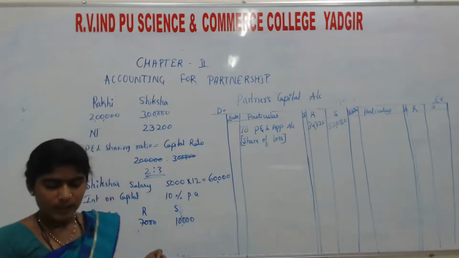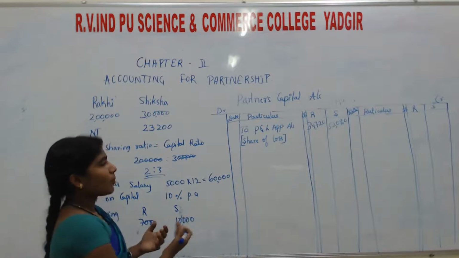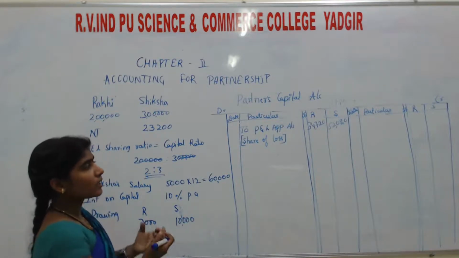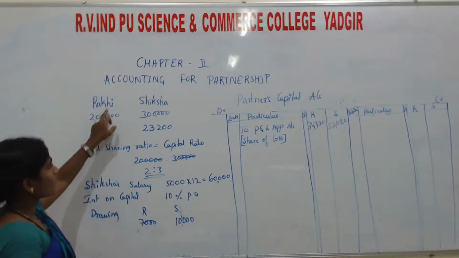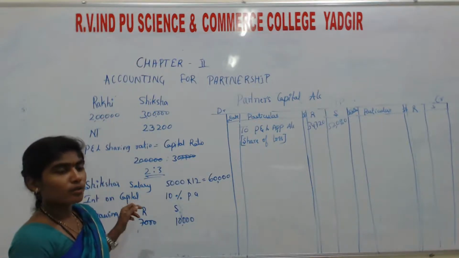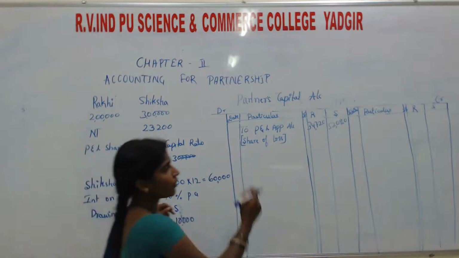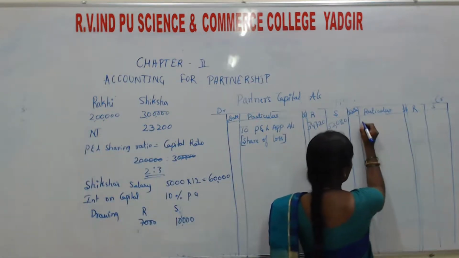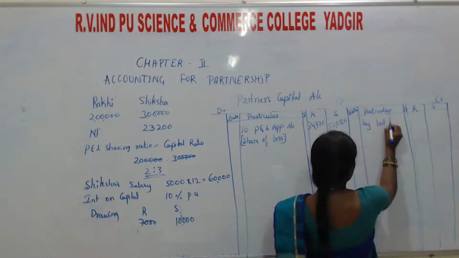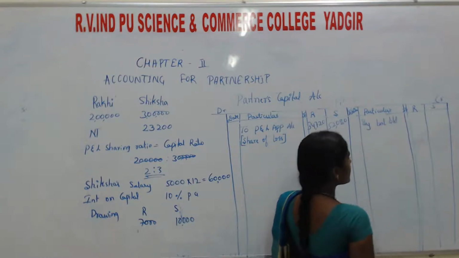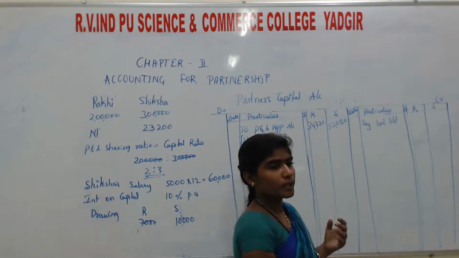After that, are there any capitals introduced by partners? See, 2 lakh by Rakhi and 3 lakh by Shiksha, no? So their capitals are brought down in here. By balance brought down. It is the opening balance of the partners' capital account.